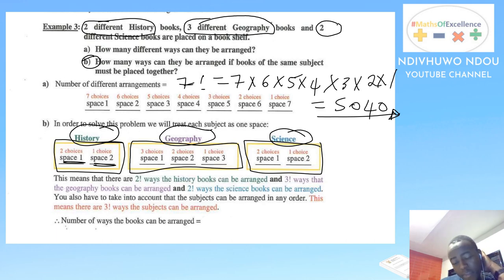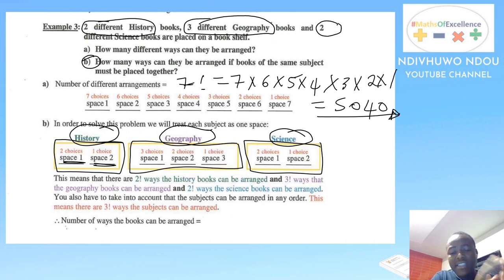So if you are arranging items and you are placing them together, what you have to take in your mind is that those things become one thing, right? You count them as one item, because we are saying they are together. So even if you are arranging them, it's like it's one thing.